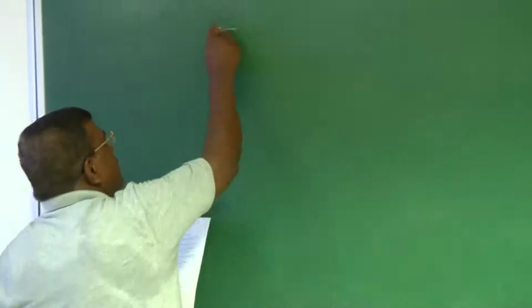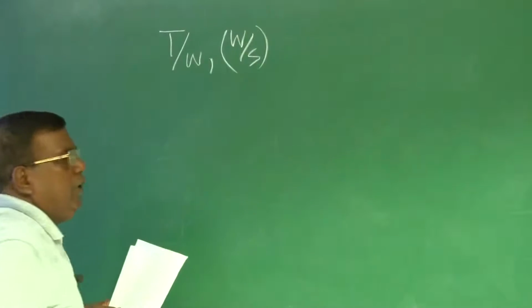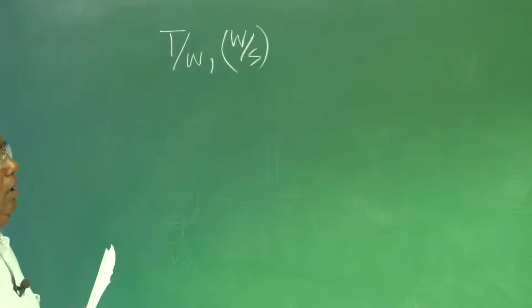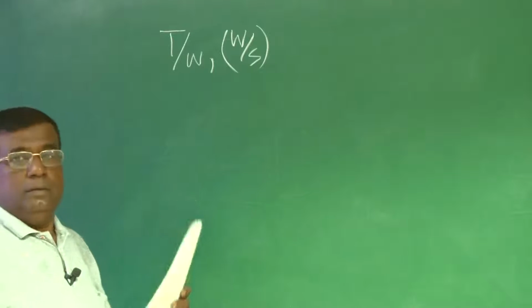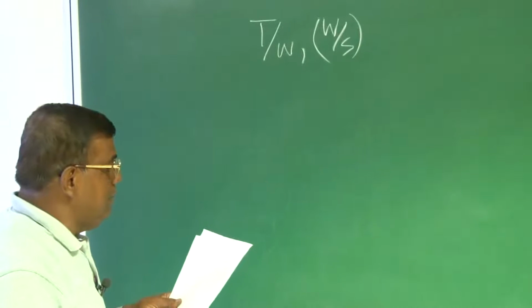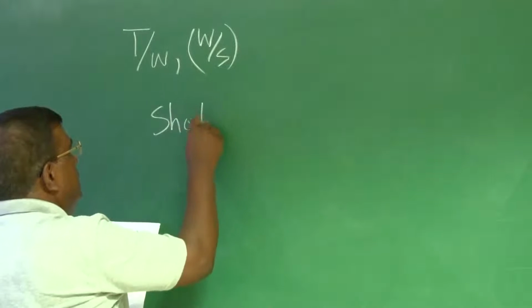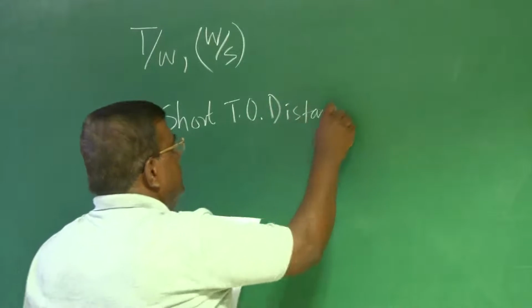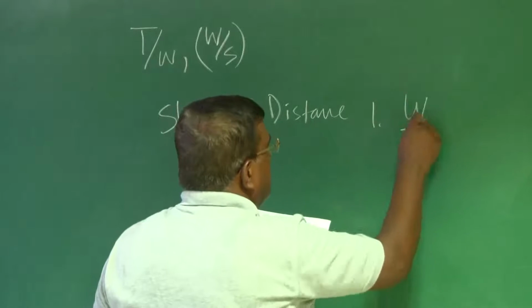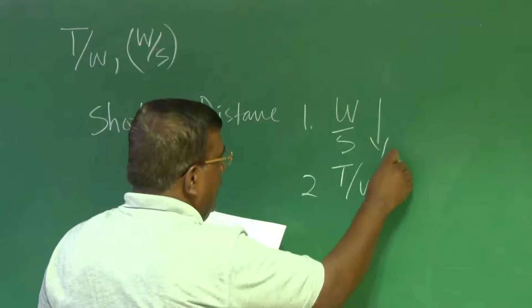With this background, I can write T by W and W by S. They play their important individual role, and also they decide the final design together. Okay? And you will see why I am saying that. If I am talking about short takeoff distance, I need W by S to be low, and next T by W should be high.